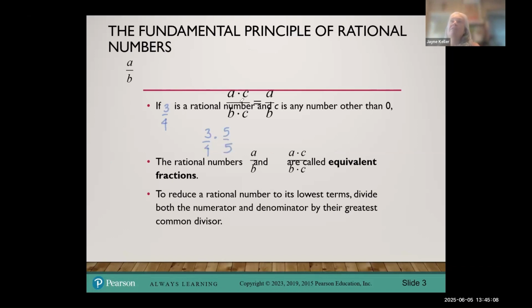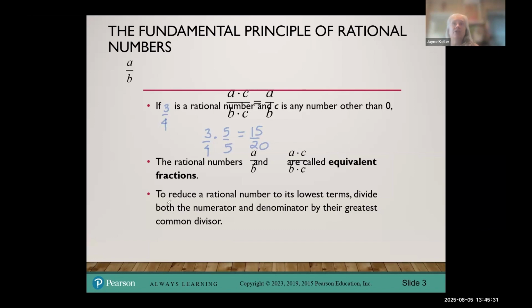And 5 over 5 is exactly 1. So I can rewrite this as 3 times 5 over 4 times 5, or 15 over 20ths. And as long as we follow something like that, then we say that those are equivalent fractions. So that's our next term, equivalent fractions.